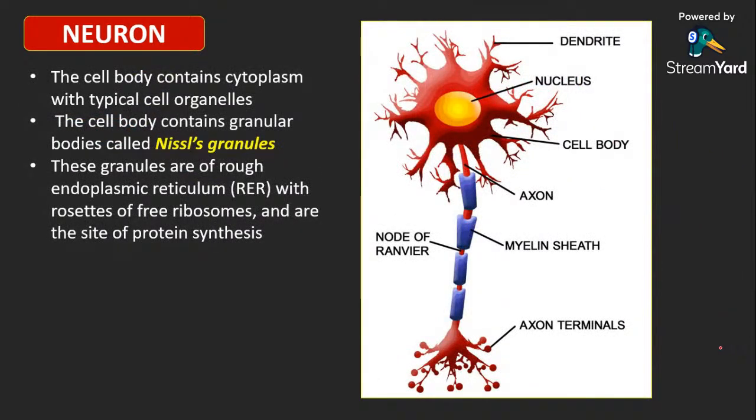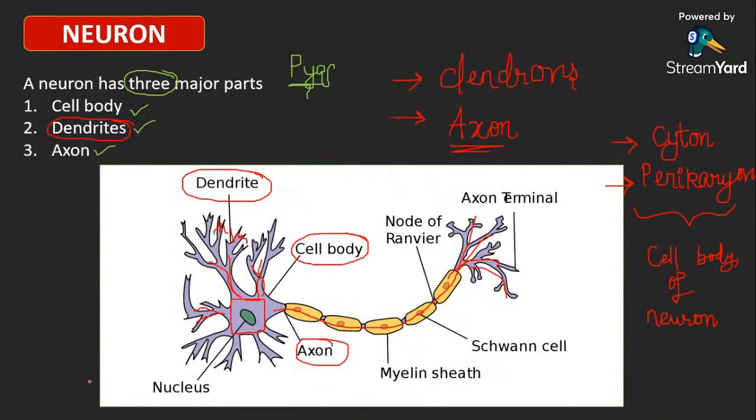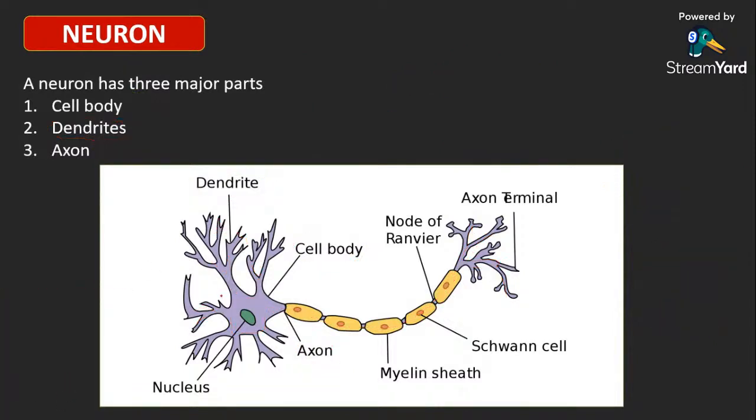Clear? The cell body contains cytoplasm with typical cell organelles. The cell body contains granular bodies called Nissl's granules. There are certain granules which are scattered, so those you will call Nissl's granules. Just imagine this is a cell body. In the cell body you will have certain granule-like structures.